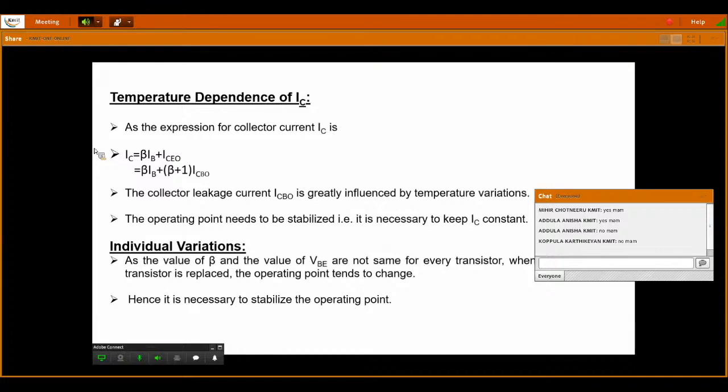So if I change the parameters of the transistor, if I replace the transistor, or if I replace one of the biasing resistors R1 or R2, all the resistors will have some tolerance, plus or minus 5%, plus or minus 10%, or plus or minus 20%.